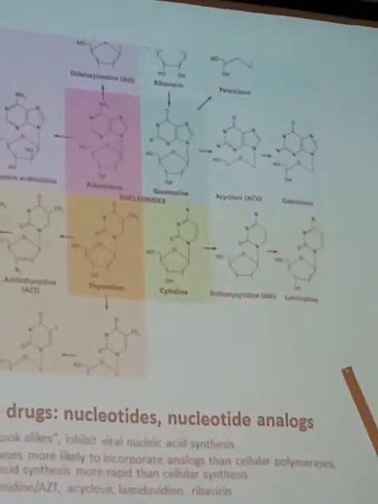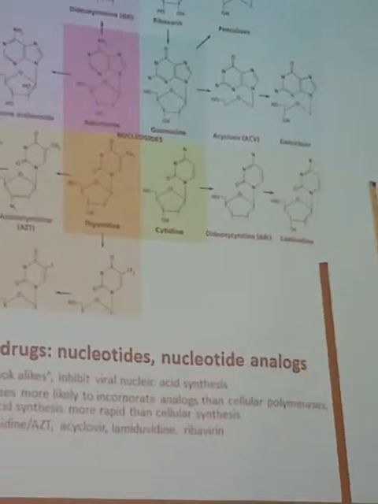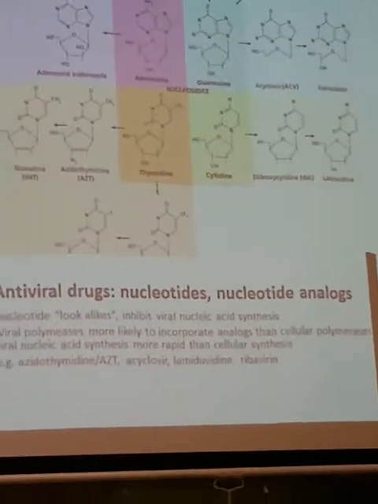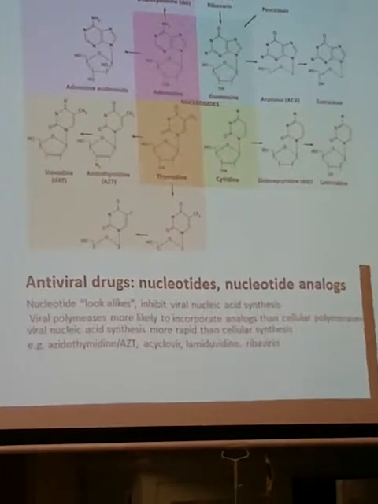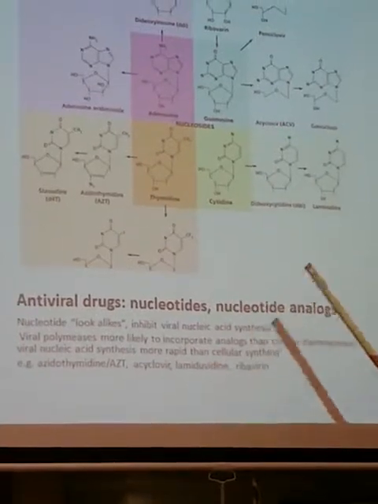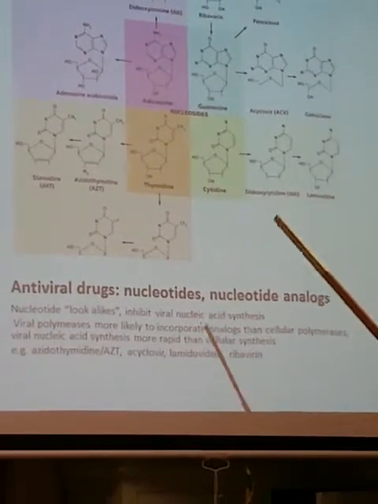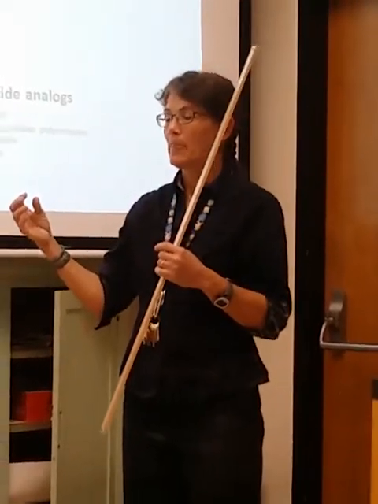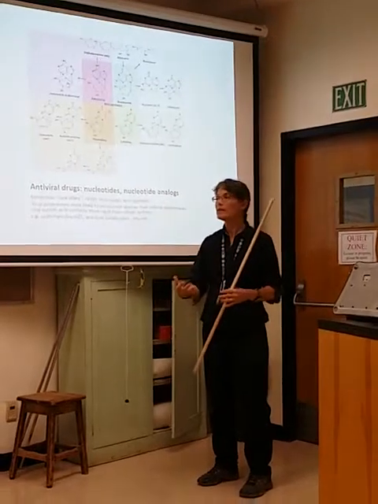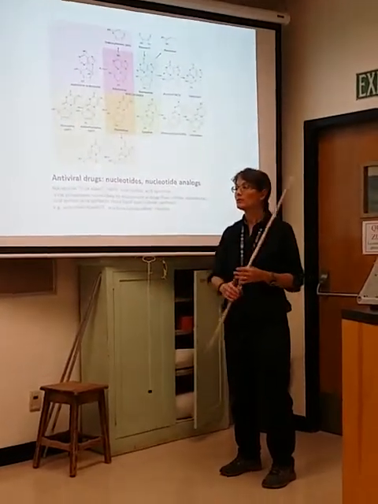A strategy is to use what are called nucleotide or nucleoside or base analogs to try to selectively slow down viral genetic information replication. And these analogs are look-alikes. They look like the normal nucleotide, nucleoside, or base, so that the RNA polymerases or DNA polymerases will incorporate them into the viral genetic information.